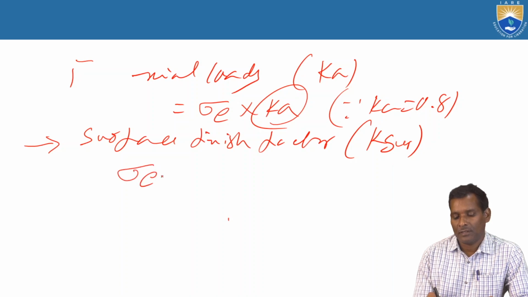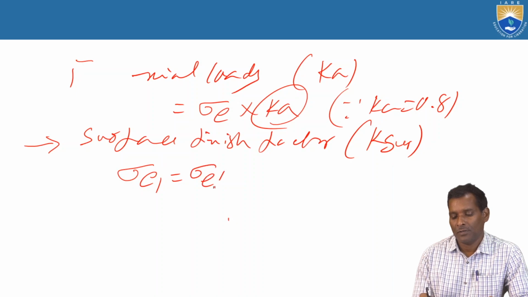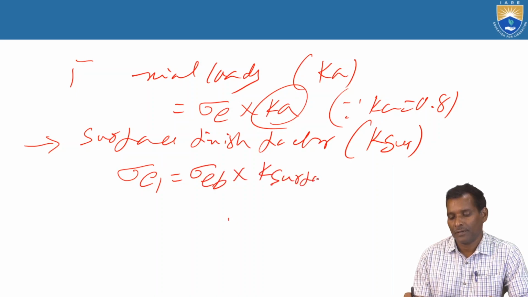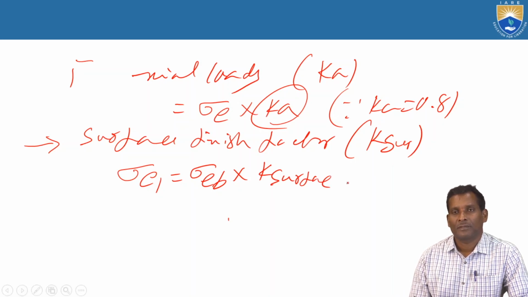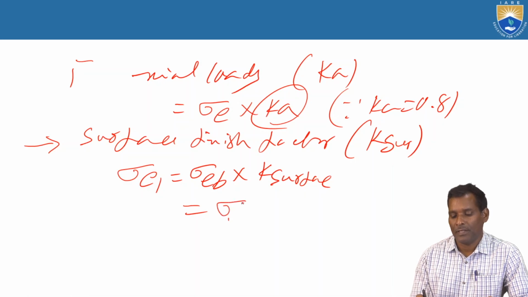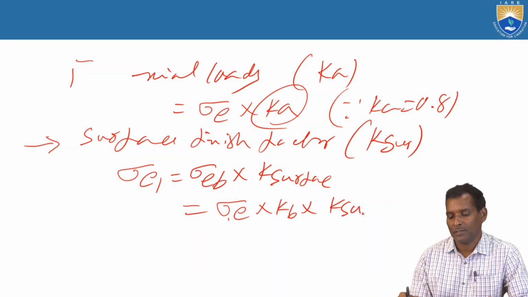In this case, sigma E1 is equal to sigma EB multiplied with K surface finish factor. We already calculated in the previous step that sigma EB is sigma E multiplied with KB multiplied with K surf.